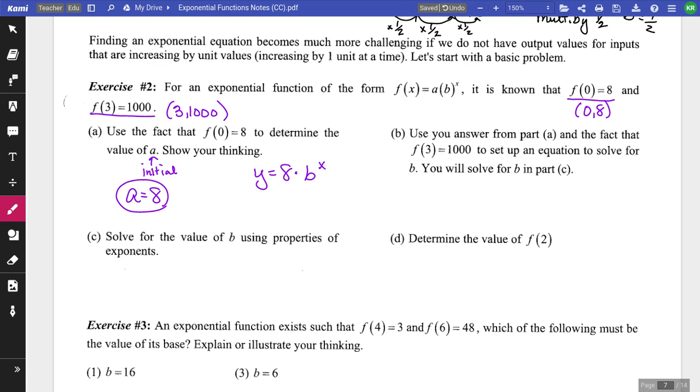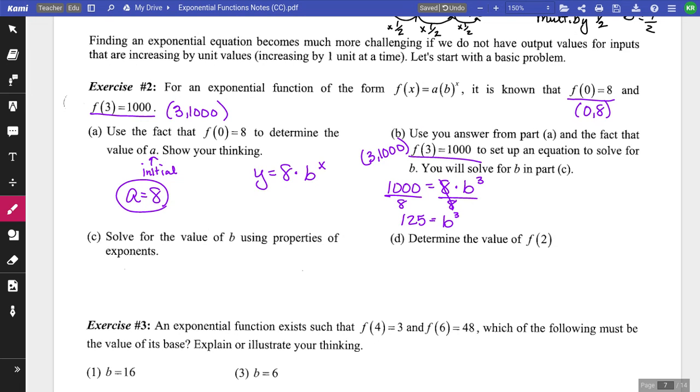But you do have this other ordered pair, the 3, 1000. The 3 is your X coordinate and your 1000 is the Y coordinate. So I'm going to take that point, 3, 1000, and plug it in for the X and the Y. Now we have enough information that we can solve for B. To solve for B, I'm going to divide by 8, and B cubed equals 125.